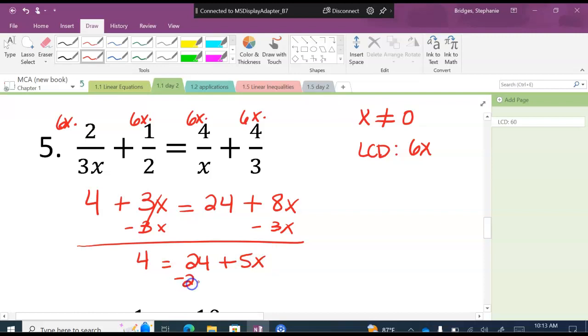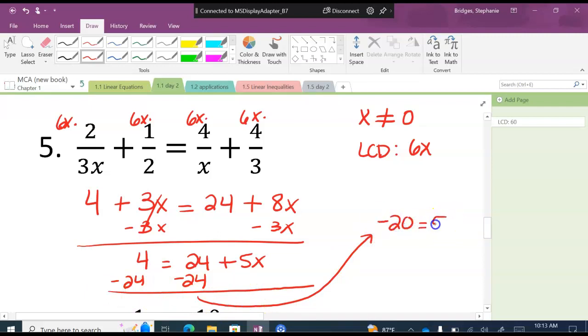And then I'm going to get that 5x by itself by subtracting my 24, and I'm running out of room, so I'm coming over here. That's going to give me negative 20 equals 5x. We divide through by 5, and x is going to equal negative 4.